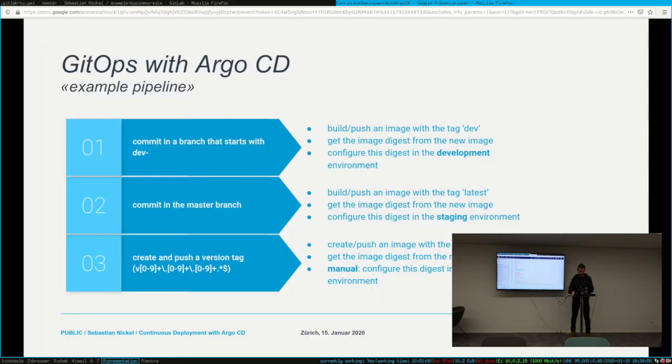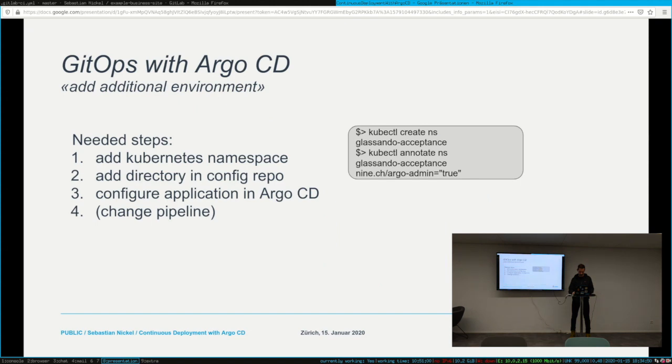Okay. Anything else? Yeah. And I wanted to add an additional environment just to do something here, right? And I think it's actually quite easy because all you have to do is you add a Kubernetes namespace. For us, because I do it on our product, we have to do an annotation. By default, Argo CD has admin permissions to the whole cluster, which is not really cool.